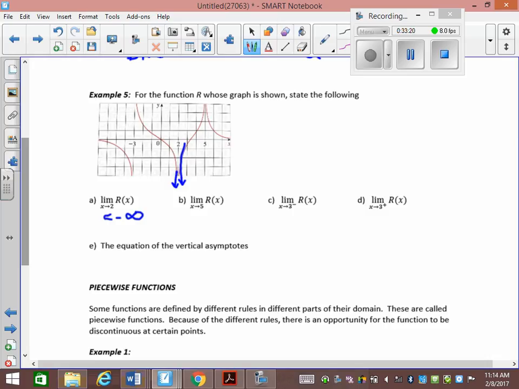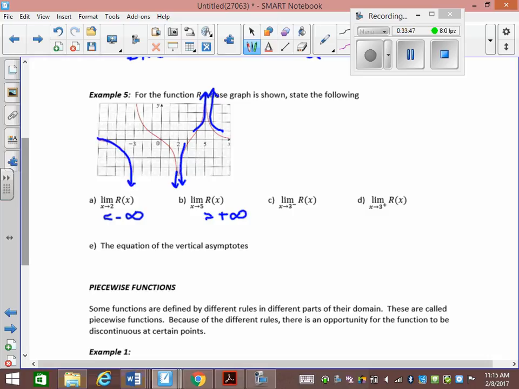Look at 5. As I approach from the left of 5, I'm approaching positive infinity. From the right of 5, whoa, this is some really bad drawing, I'm approaching positive infinity. So the limit at 5 is positive infinity. Now I have 3 from the left.